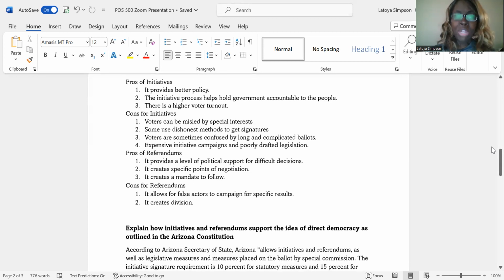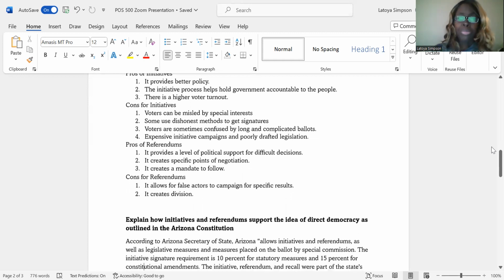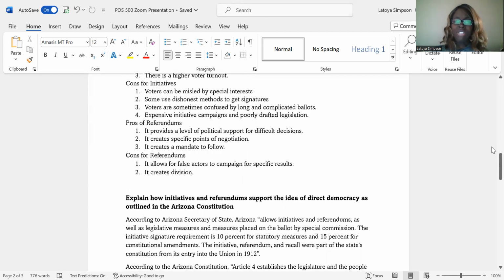According to the Arizona Secretary of State's website, Arizona allows initiative and referendums as well as legislative measures and measures placed on the ballot by special commission. The initiative signature requirement is 10% for statutory measures and 15% for constitutional amendments.